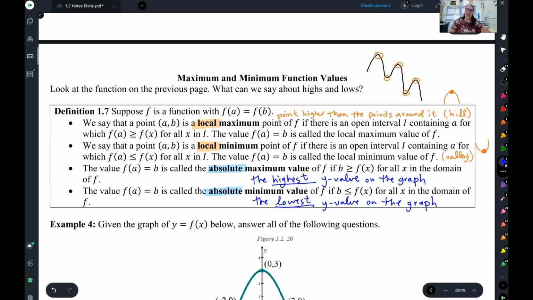However, the absolute highest point is there, and the absolute lowest point is there. So there's our absolute max and our absolute min. You can only have one absolute max, one absolute min.